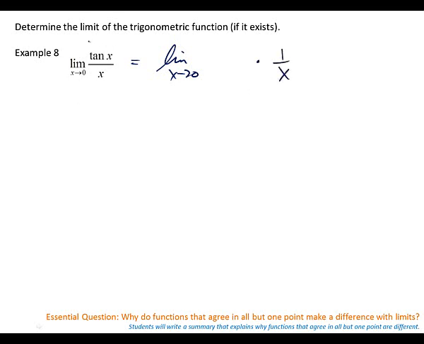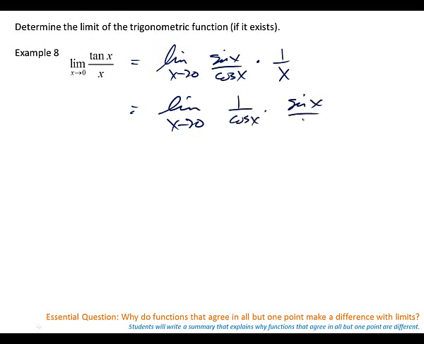What's another name for tangent? There you go, sine x over cosine x. Could I rearrange that again? So I've got the limit as x approaches 0 of 1 over cosine x times sine x over x. All I did was swap my numerators, which I can do because it's multiplication.